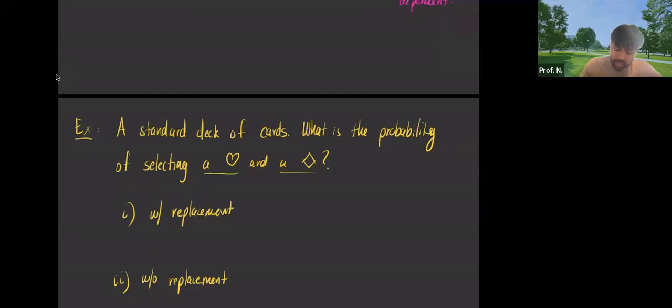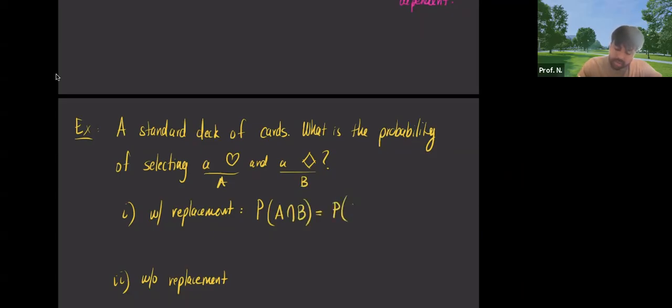Well, with replacement, which means that if I select one card, I replace what I selected and I put it back in. So what's the probability of getting a heart? Obviously, it's a fourth, right? So we'll call this A and call this B. The probability of A intersect B is what?